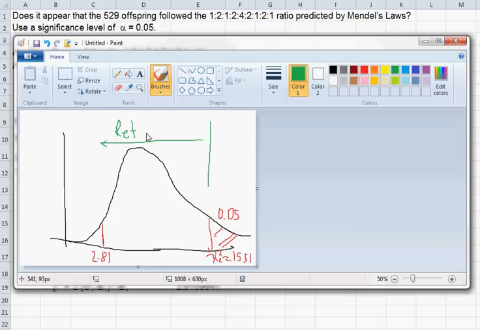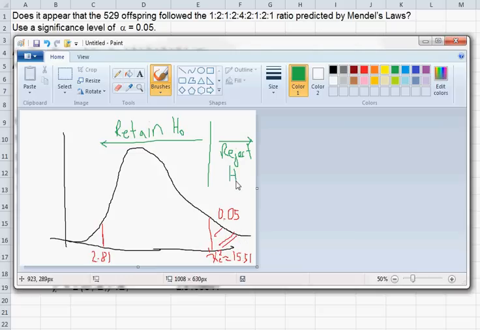I fail to reject, because the area to the right of any mark over here would have to be bigger than 5%. On the flip side, if it was over here, I would choose to reject the null hypothesis. Because if the mark was, say, here, where my cursor is, then the area to the right of the cursor would necessarily be less than 5%.